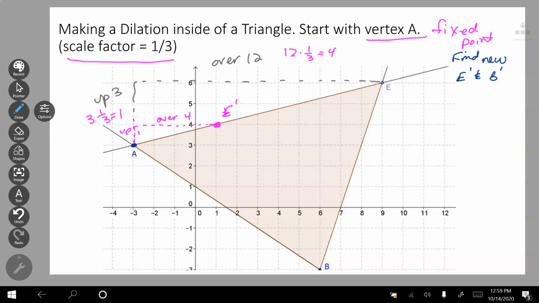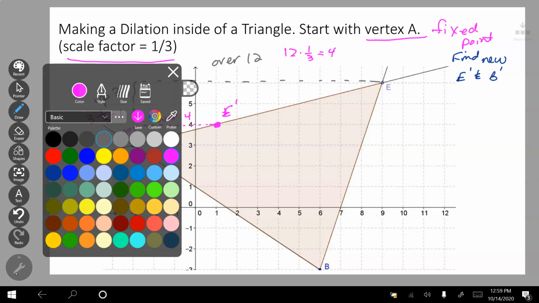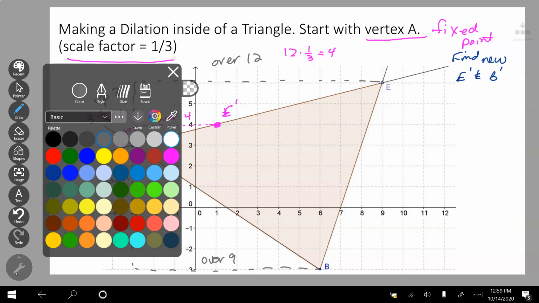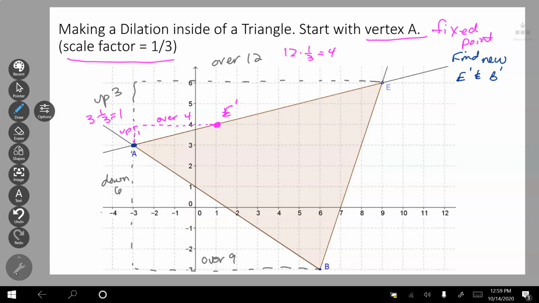I'm going to do the same thing for B. I'm going to count my squares. I notice that it's down 6 and over 9. So I'm going to multiply by my scale factor, so 6 times a third is equal to 2, and 9 times a third is equal to 3.